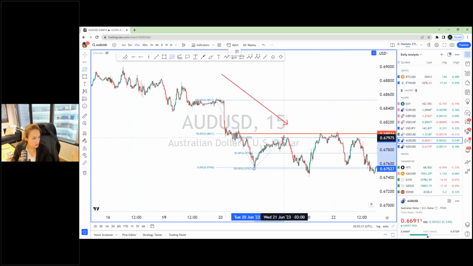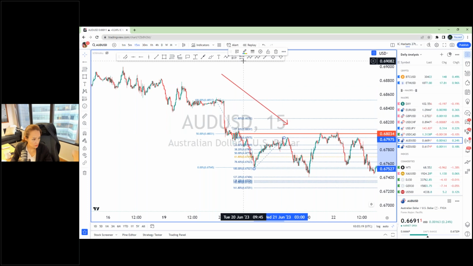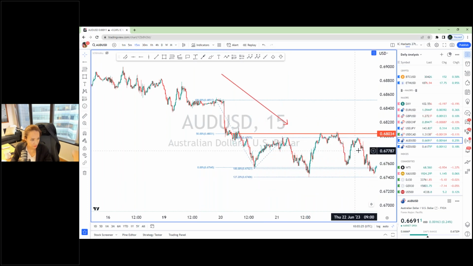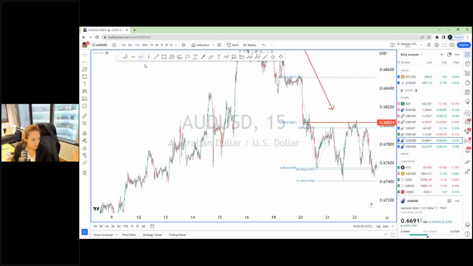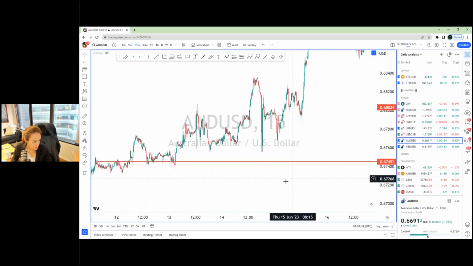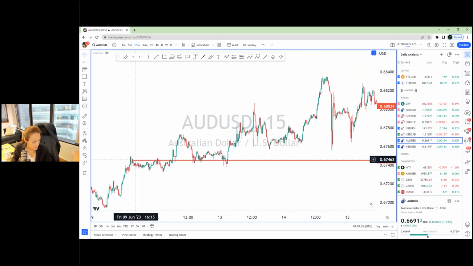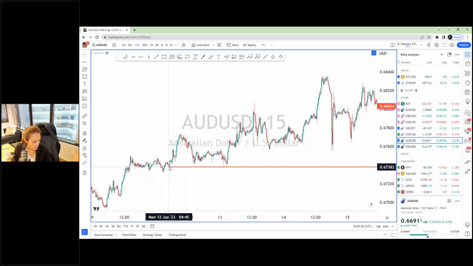Then I draw from here to here. This is the extension. And then you combine it with the support level.